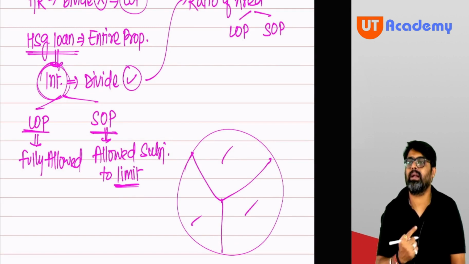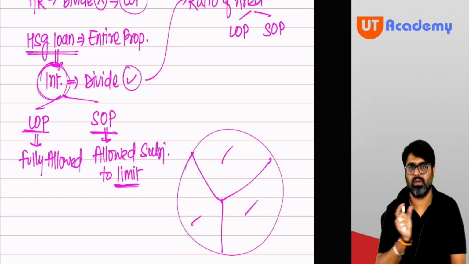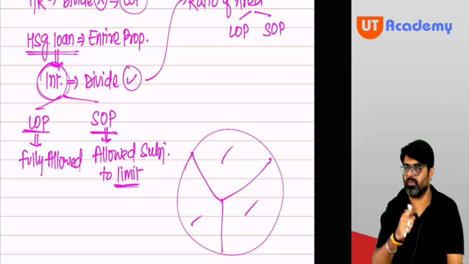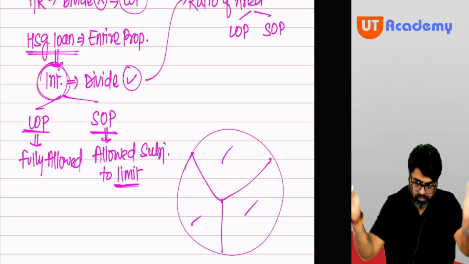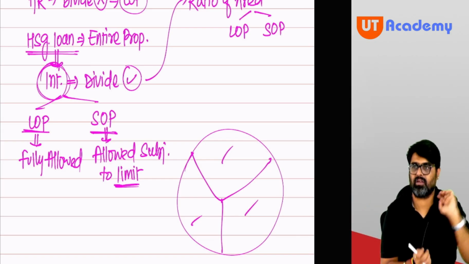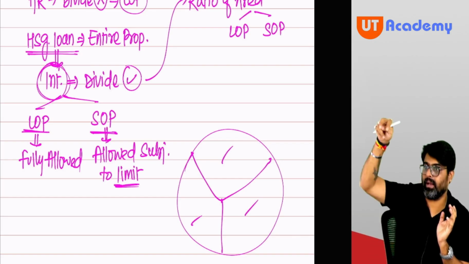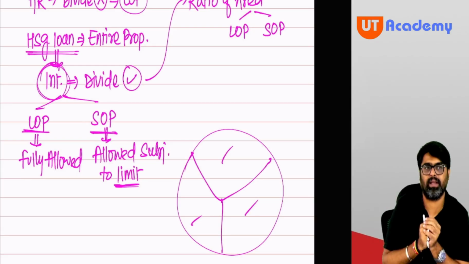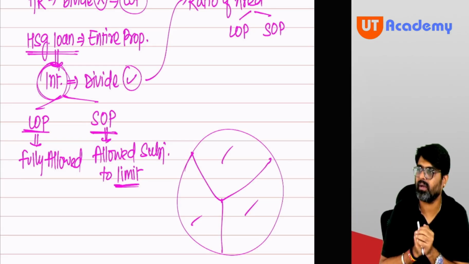So how many identical rooms do I have? 3, each 1/3. Out of these 3, 1 is let out. Can I say 1/3 portion of my property is let out, and the remaining 2 are self-occupied, meaning 2/3 portion is self-occupied?